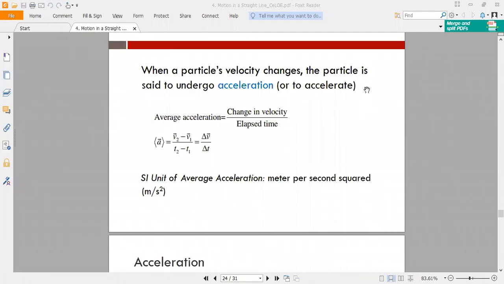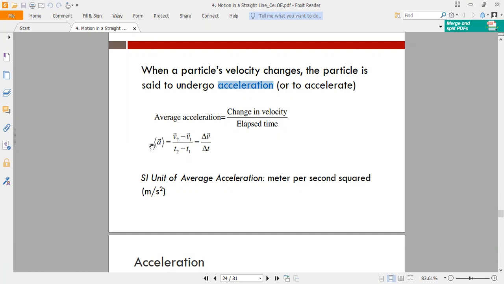Now we'll learn about acceleration. If the particle's velocity changes, for example, if you start to move on your bicycle, the initial velocity is 0, and then when you make it move, that means there is an acceleration, so the particle's velocity will change.